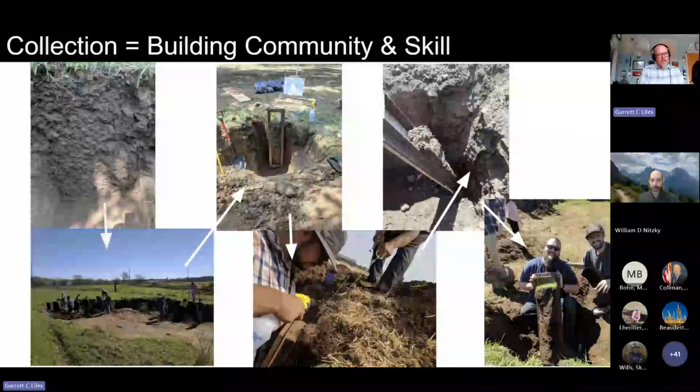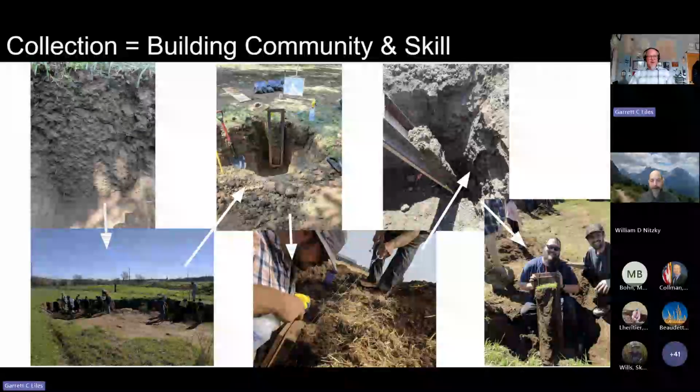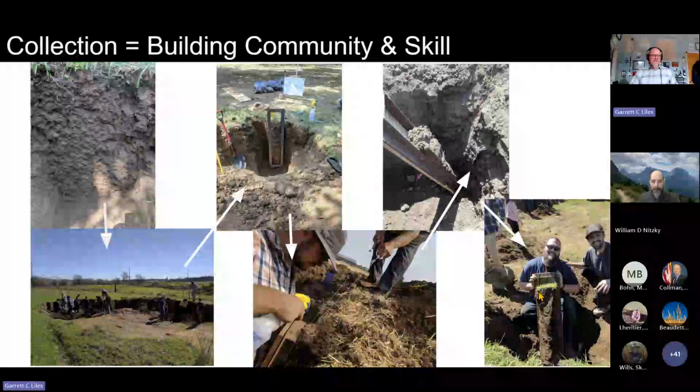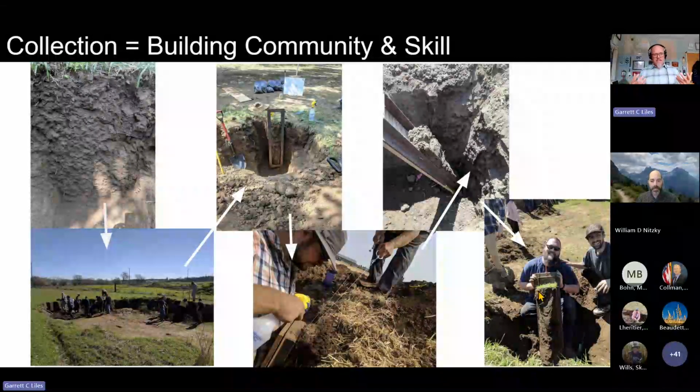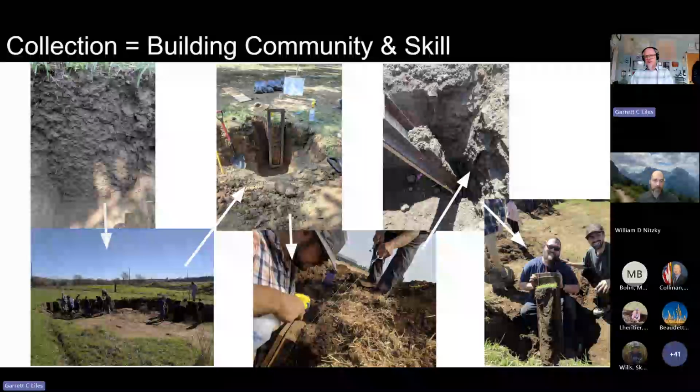If you've ever collected a monolith, it's a lot of work to get the right location, to have the equipment, to get the thing out in the field. But these things are amazing. The fact that people engage with soils in the collection and the presentation is a very valuable tool. That's why we're pointing towards these correlation boxes as a digital version of that.